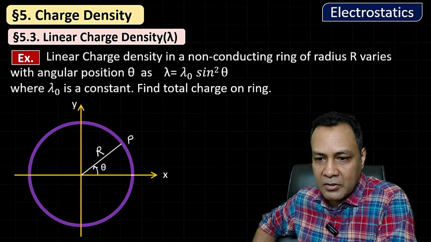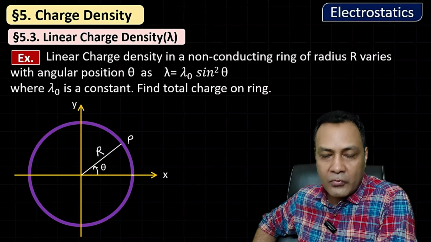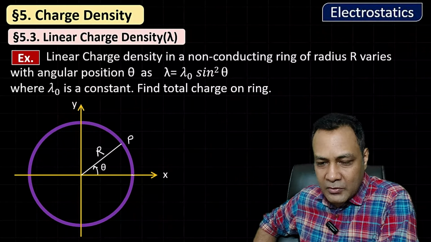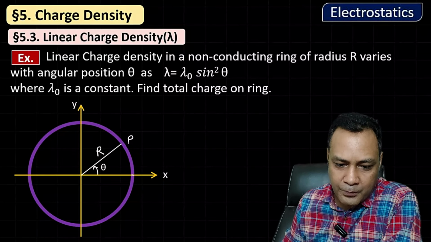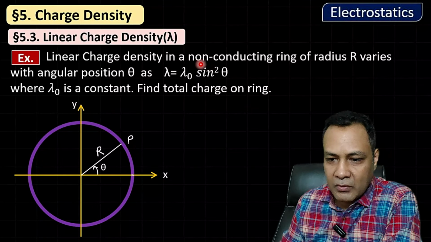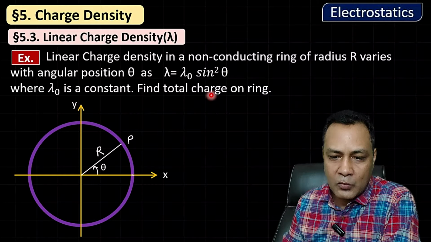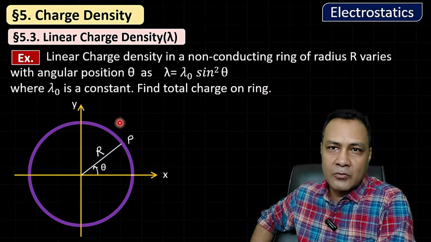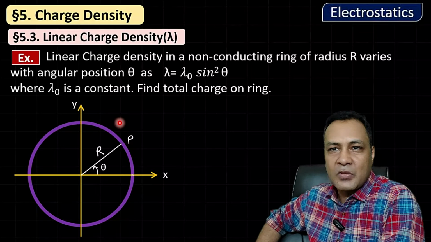Lambda naught is a constant, theta is the angular position. We have to find the total charge of the ring. We can have some idea: if this was not sine square theta but only sine theta, on half the part the charge would be positive, on half the part the charge would be negative, so the total charge would be 0.